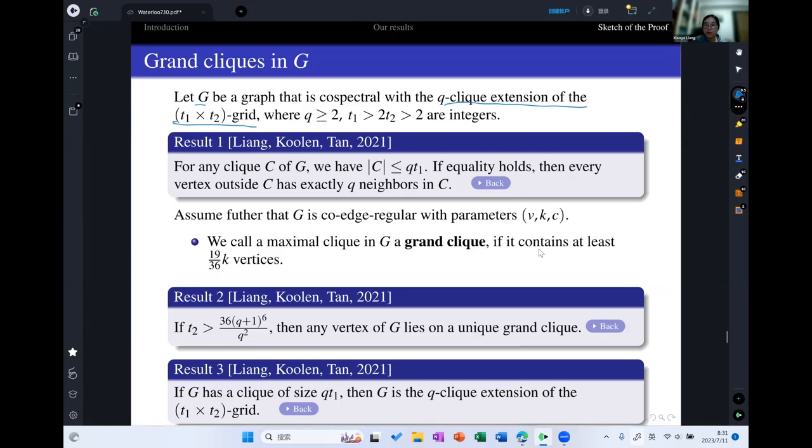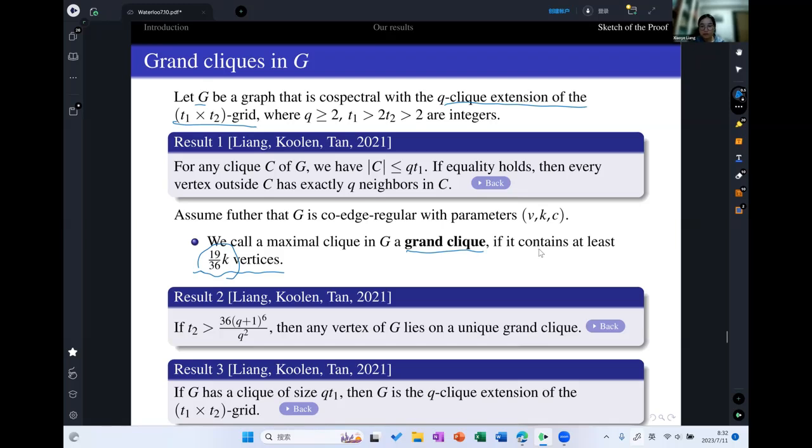Okay, the main thing is this one. We define a grid click if it contains at least this number of vertices. This number is nearly half k.